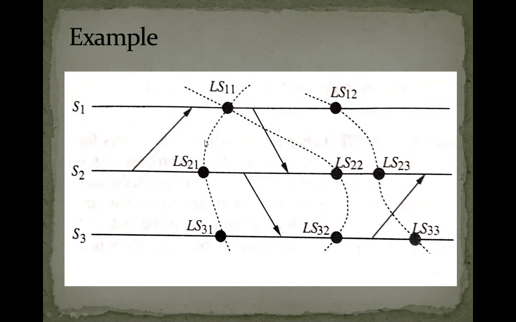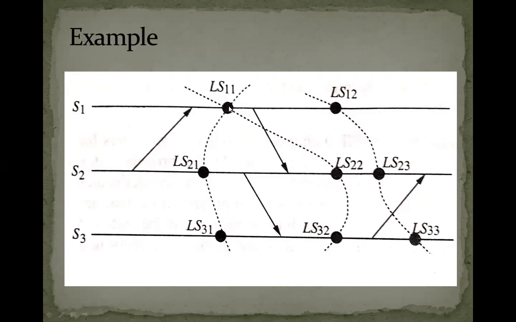So at this particular moment of time, LS1, LS2, and LS3 is the time. It is not an event occurring, but it is the time when we are trying to find out the global state of the total system, of the distributed system.